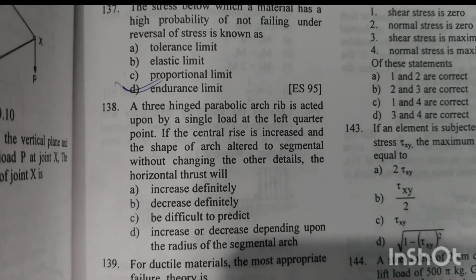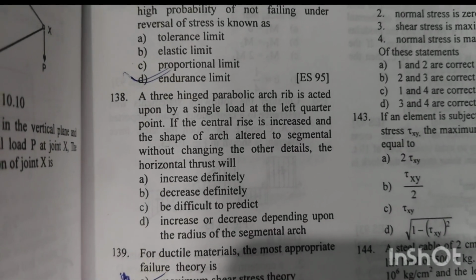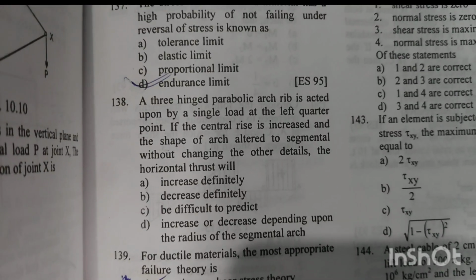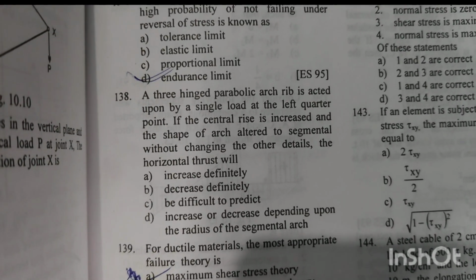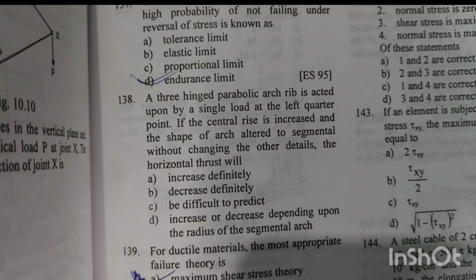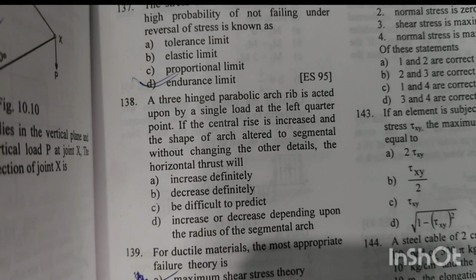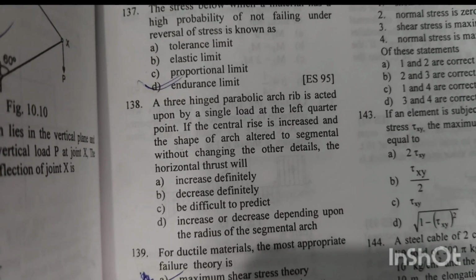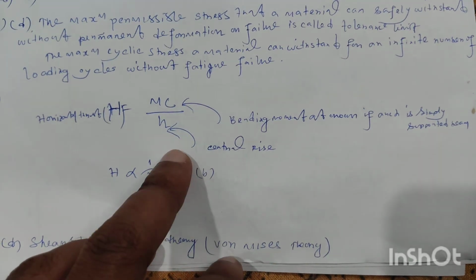Question number 138. A three-hinged parabolic arch is acted upon by a single load at the left quarter point. If the central rise is increased, the shape of the arch altered to segmental, without changing the other details, the horizontal thrust H will be equal to MC by small h.